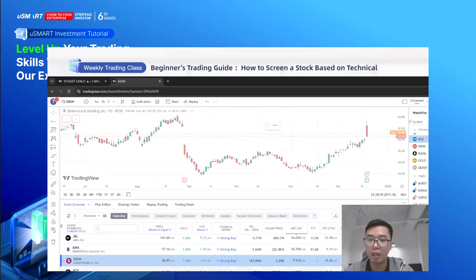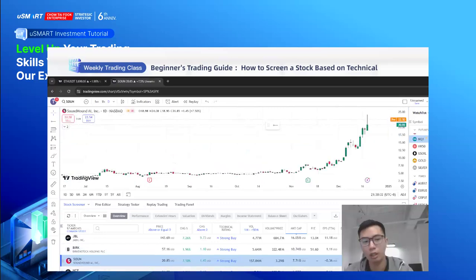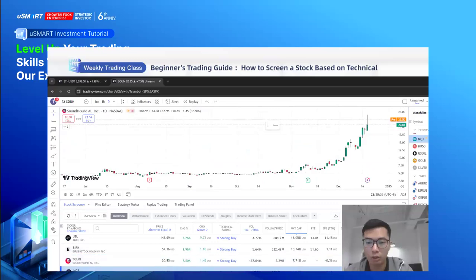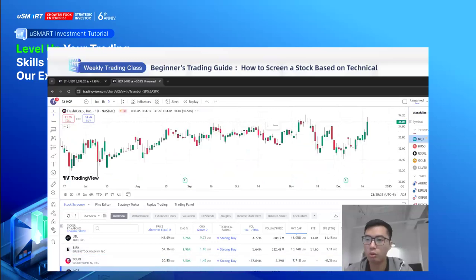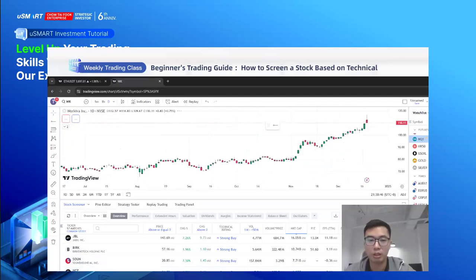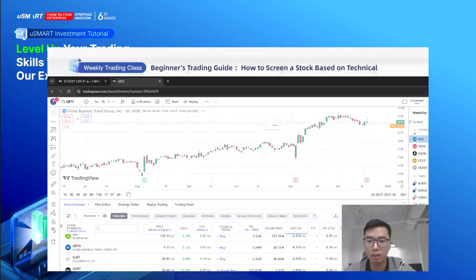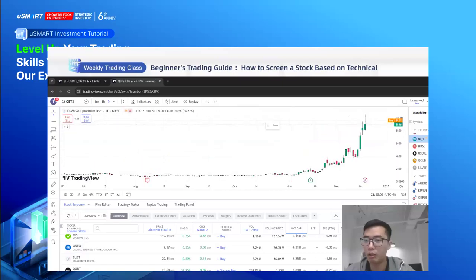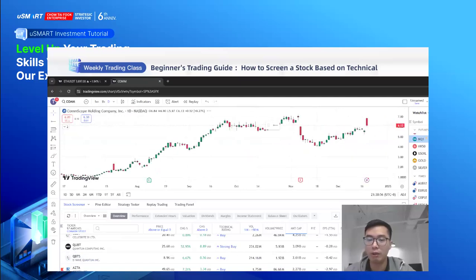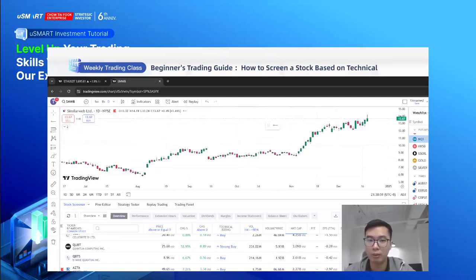And the trending stocks usually will be technology related or cloud related. So we try to follow the big markets, so we tend to trade those sectors. Now the market is actually quite bullish, so many stocks already flew very high.